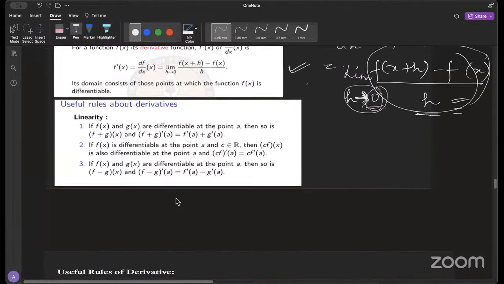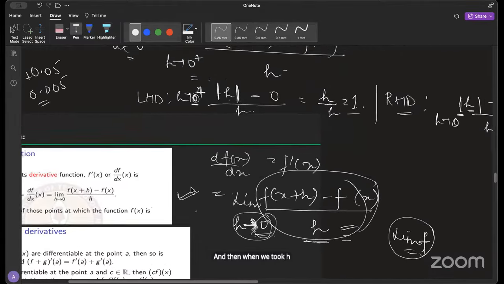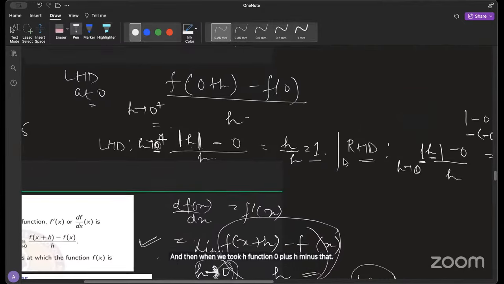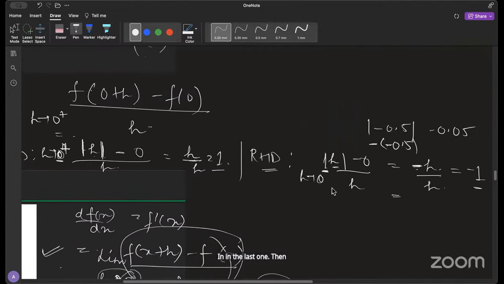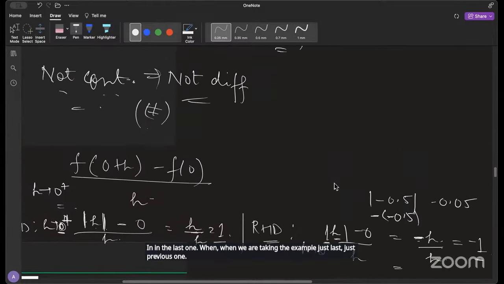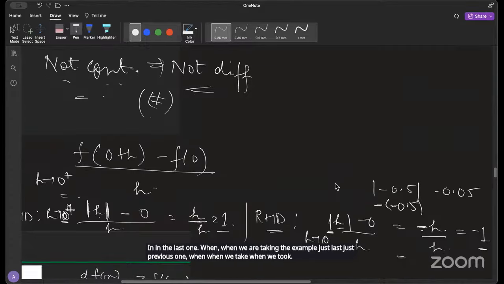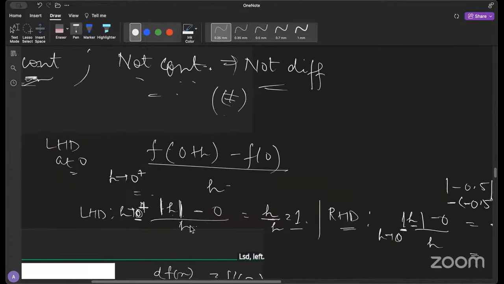Ma'am, when we took the function 0 plus h minus f of 0 in the example just previous one, when we took the left hand derivative... Yes, ma'am. This is your right hand one. This is the left hand one.